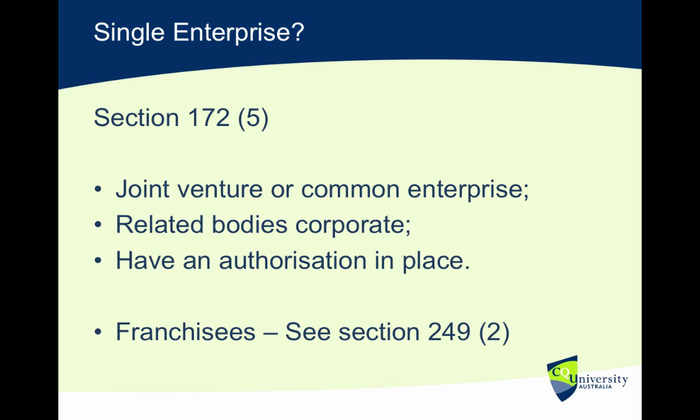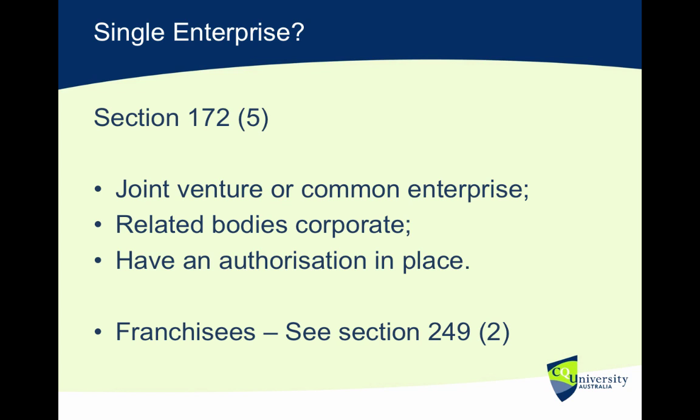And when you read the section in your textbook, it's paragraph 8.4, you'll see the common sense of it. It talks about the fact that they're related, so there might be a related company. They conduct a joint venture together, or they're working on some common enterprise. So, for example, think about maybe a construction site or a new mine, something like that, where there's a number of bodies, but they are related in that way.